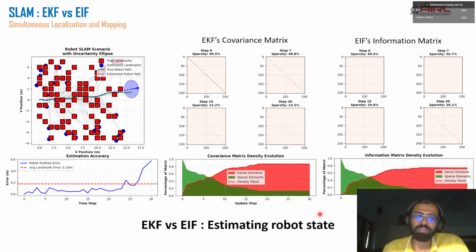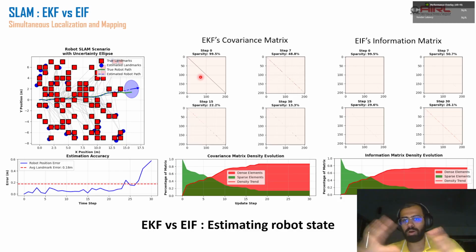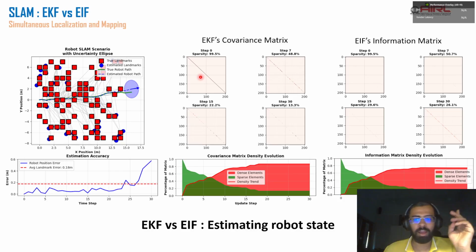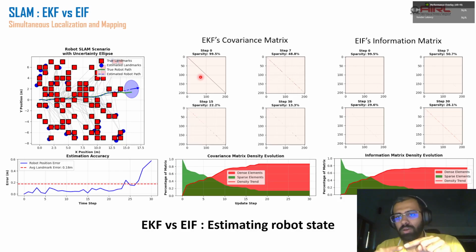To demonstrate this, on the left side, this is the environment, the whole run I did. Estimation accuracy, you can check it out, but the main important factor is the sparsity. So I've plotted the matrix using a NumPy feature to show how the matrix looks in a more pictographical fashion. And you can see how the sparsity goes from step 0 to step 30.